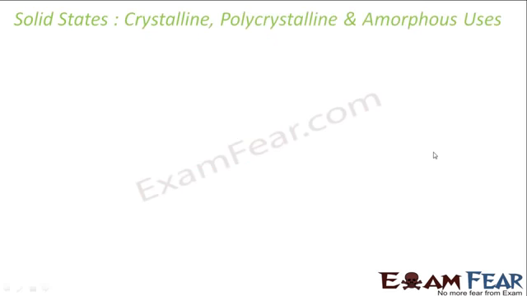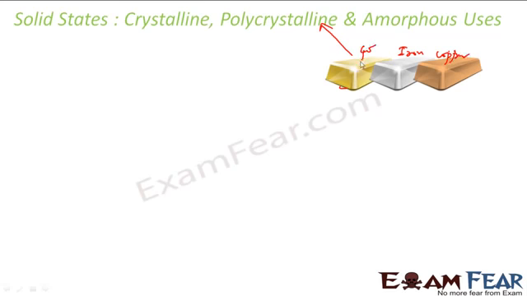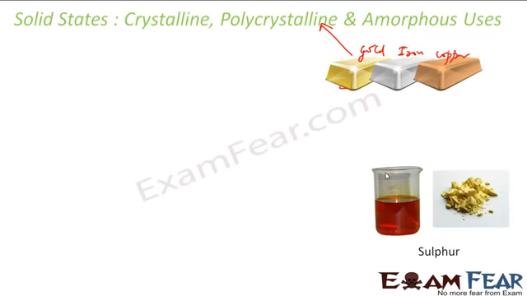Now let's talk about some examples of these solid states, the crystalline, polycrystalline, and amorphous, and the uses of these solid states. We talk about metals like iron, copper, and gold. They are polycrystalline. So we talk about sulfur and silicon.